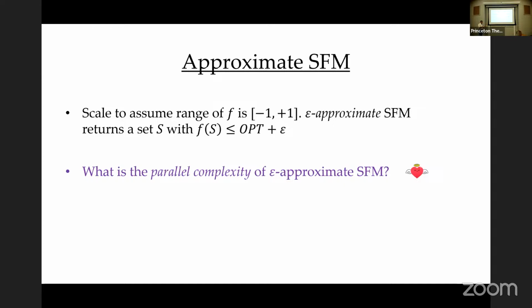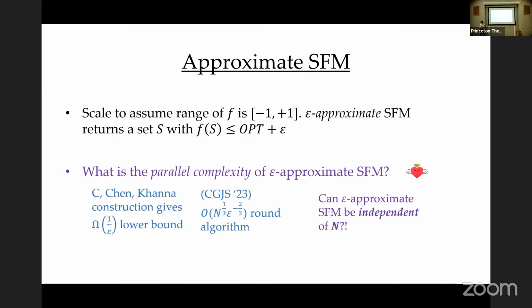In particular, for our construction, if you just return the whole set or something silly like that, it is an epsilon approximate solution. So it does not prove anything. However, the first construction, which has range n, does prove something. I think this is the best lower bound we know: if you want an epsilon approximate solution, you need 1 by epsilon rounds. You cannot do it in 2 rounds or 3 rounds.